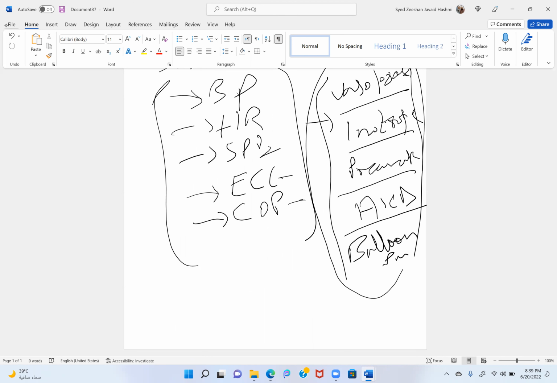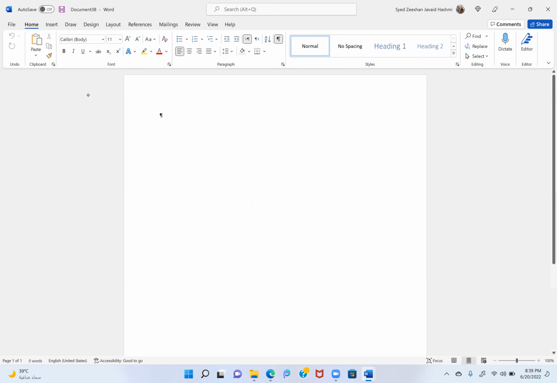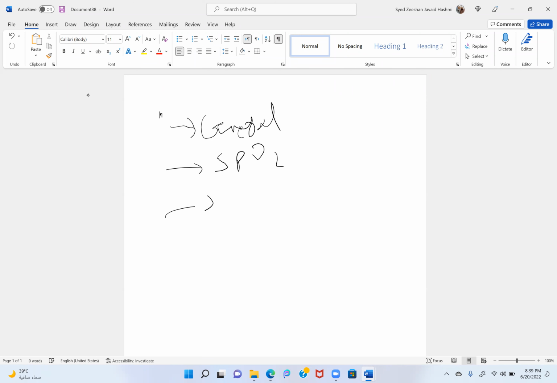Similarly, if you want to see the respiratory system, you will be looking at the general look, like any cyanosis, or you will be looking at SpO2. You will be looking at how much FiO2 you are giving and how much PO2 you are getting. This is the business: how much FiO2 and how much PO2 you are achieving.